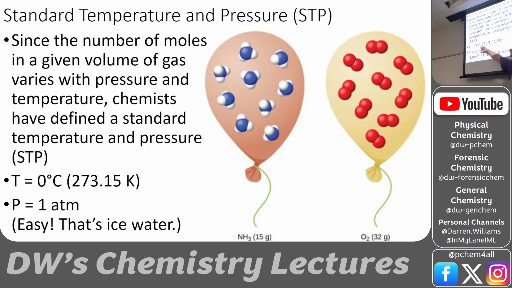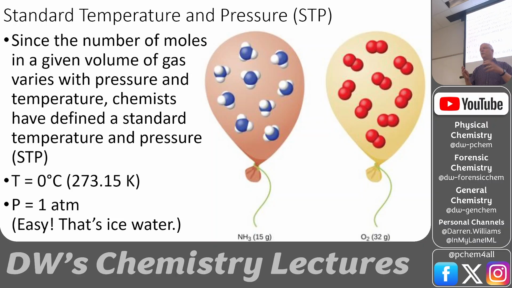So 0°C, which is 273.15 Kelvin, and 1 atmosphere, that's our standard temperature and pressure, so STP. So a lot of your problems are going to say such and such volume at STP. And you've got to know what those 3 letters mean. You've got to know STP is 273.15 Kelvin and 1 atmosphere. Okay. So that's STP.